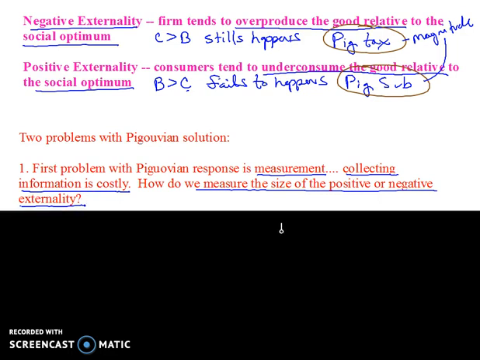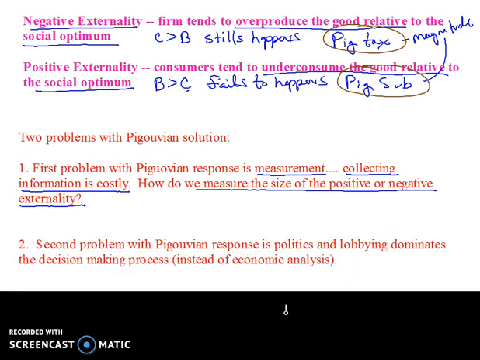And then the second problem with the Pigouvian response is that even if you can measure accurately and want to implement a Pigouvian tax and a Pigouvian subsidy, politics and lobbying may get in the way.